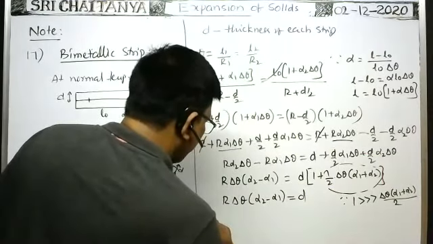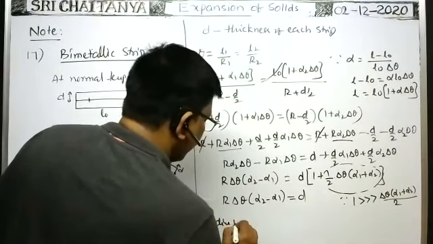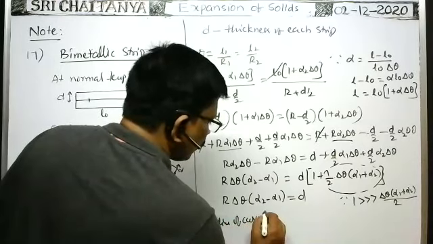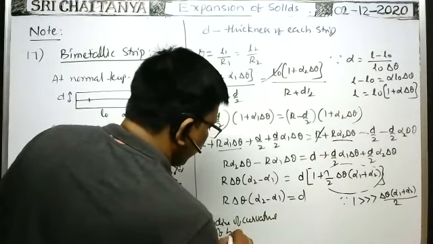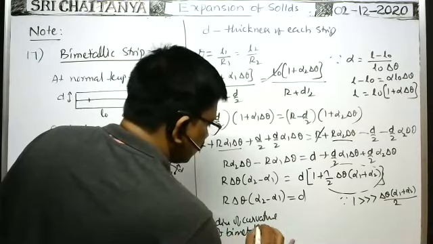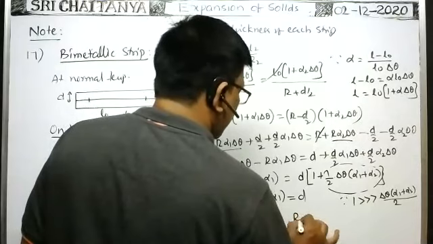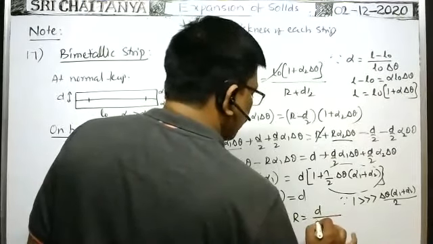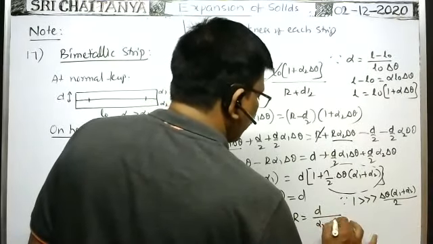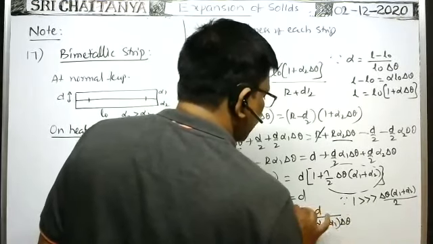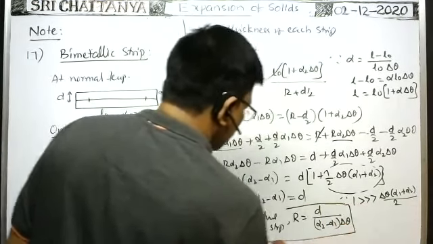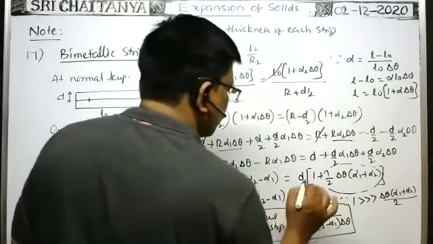Therefore, radius of curvature of the bimetallic strip, r, is equal to d by alpha 2 minus alpha 1 into delta theta. This is the formula for radius of curvature of bimetallic strip.